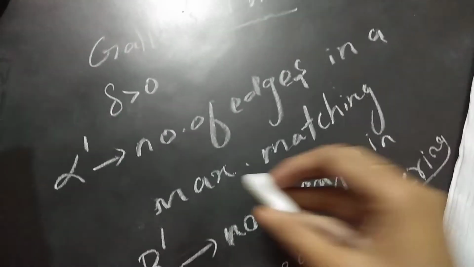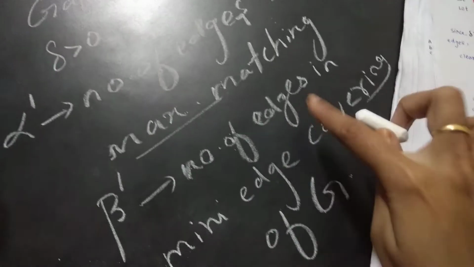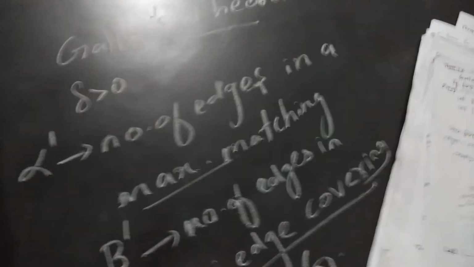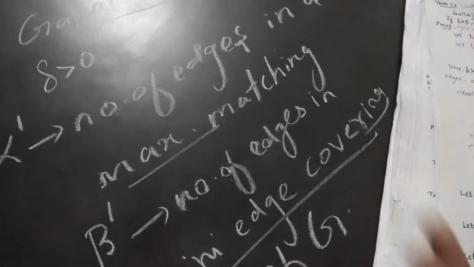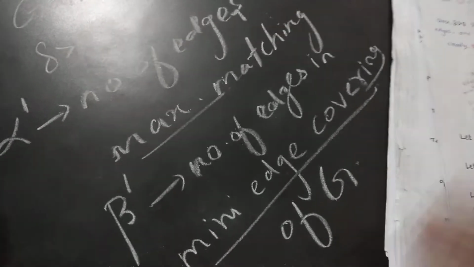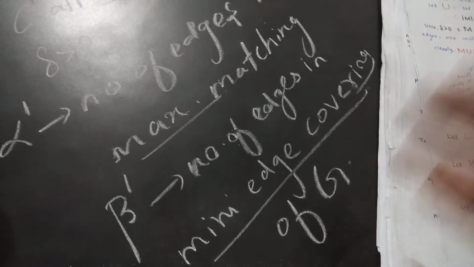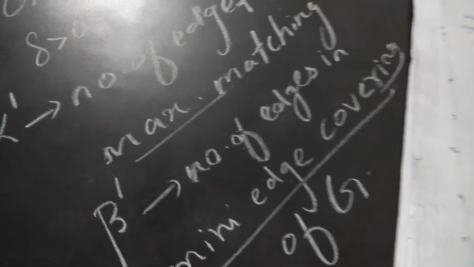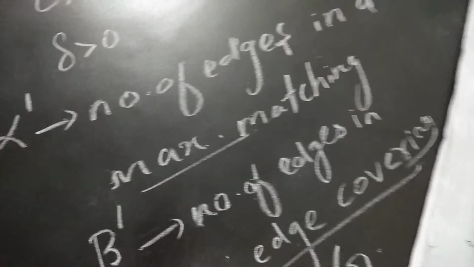Alpha dash means number of edges in a maximum matching. Beta dash means number of edges in a minimum edge covering. Here you have to know what is called maximum matching and what is called minimum edge covering. I'm saying all these things, but to understand it clearly, you have to know what it is first. I will explain that also.